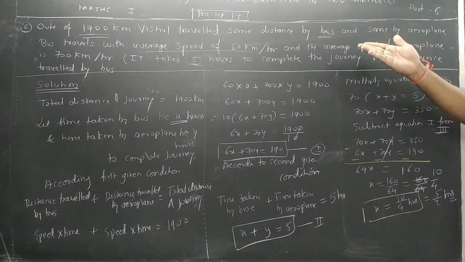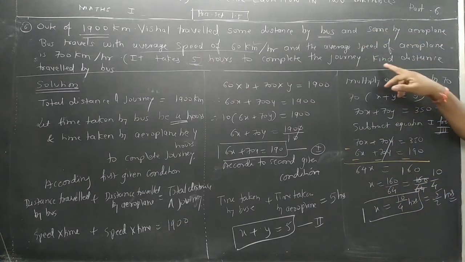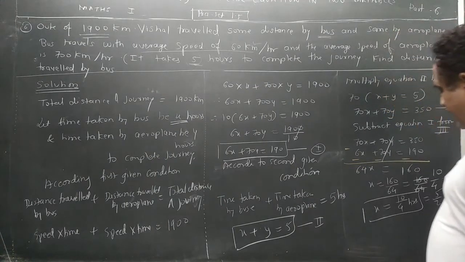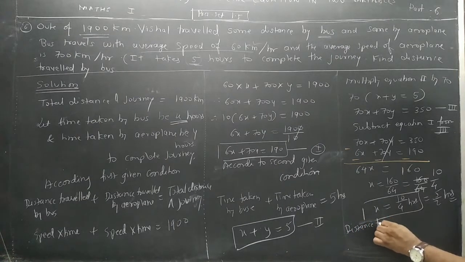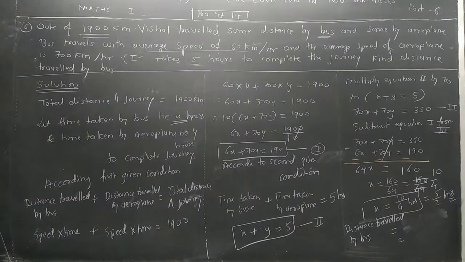But what they have asked, they have not asked the time taken by the bus. What they have asked you is the distance traveled by bus. So what I can write then? Therefore, distance traveled by bus is equal to speed into time.